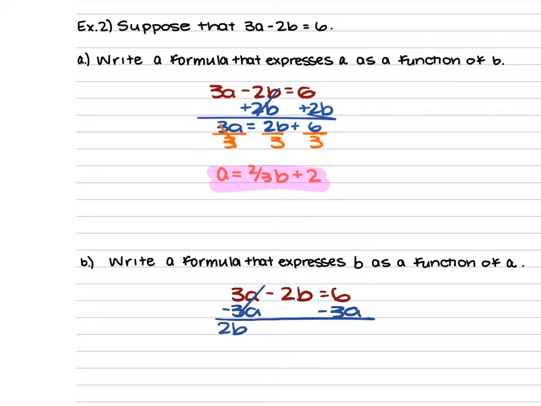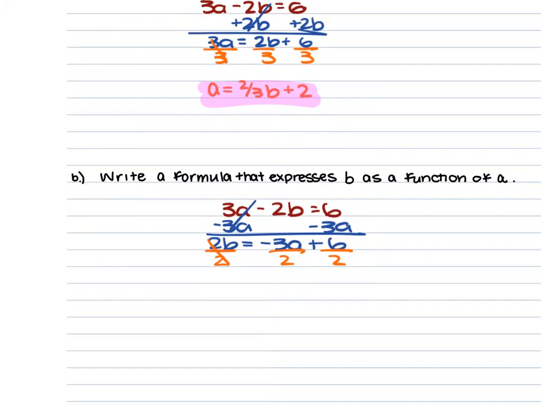I have negative 2b is equal to negative 3a plus 6, and then I'm just going to divide each term by that negative 2. This is a negative 2b, so I'm going to divide everything by a negative 2. I'm left with b is equal to positive 3/2 a minus 3.